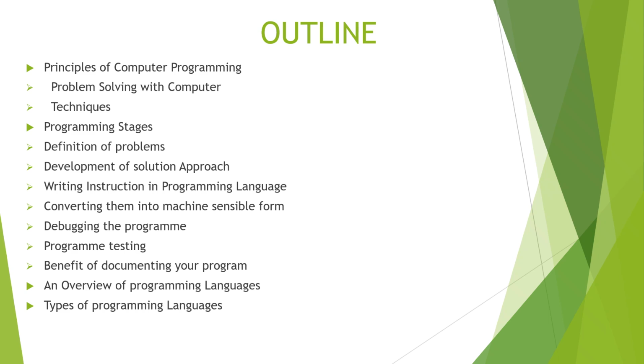Under the programming stages, we'll talk about definition of problems, the development of solution approach, writing instructions in a programming language, converting them into machine sensible form, debugging the program, program testing, and benefits of documenting your program. Then we'll go on to talk about the overview of programming languages, then types of programming languages. So these are the things we'll talk about in study section 4 before we move on to study section 5.